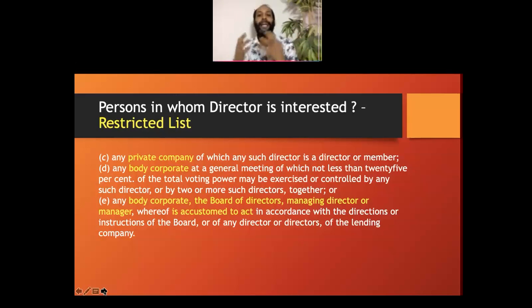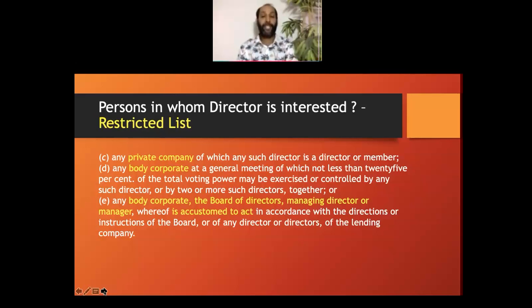So these are the three categories. After the amendment in Companies Act 2017, there are only three categories of this restricted list, which is very important here because you can't give loan directly or indirectly, or security or guarantee directly or indirectly, subject to certain conditions only. So what are the conditions?